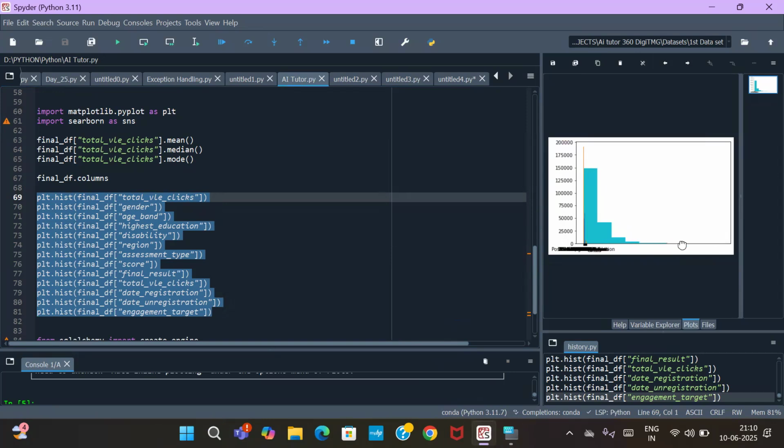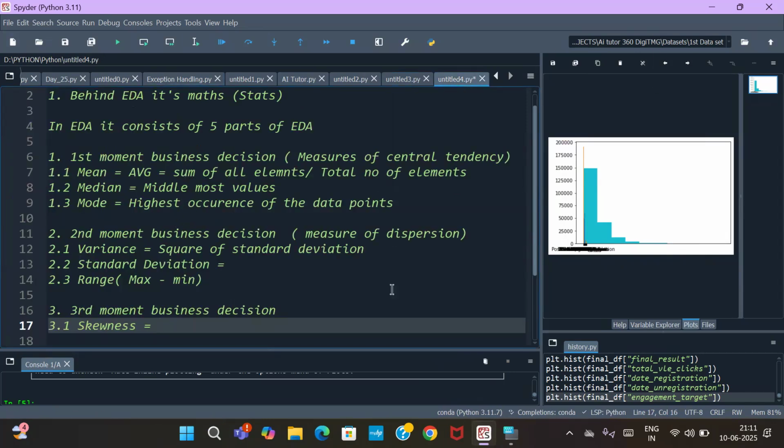If I draw a line, you can see some data points are here, and it is skewed like this. My data points are skewed. We will discuss accordingly why skewness is there. So first, I hope you have understood what skewness is.